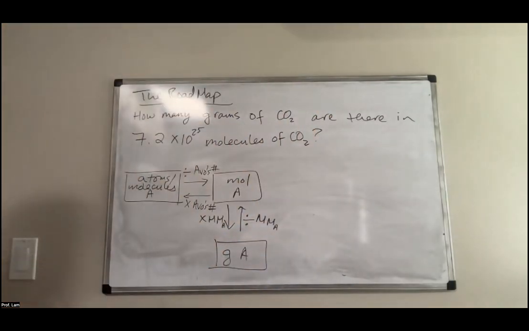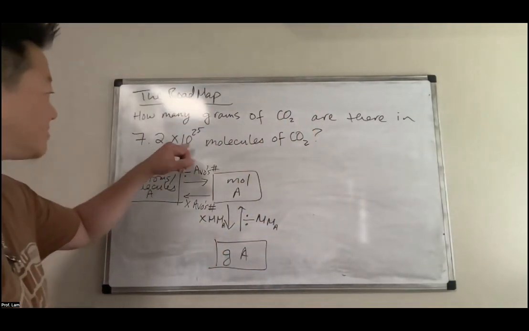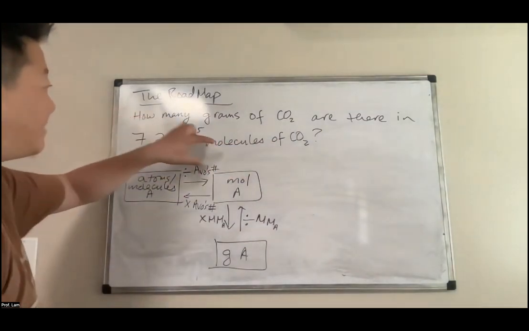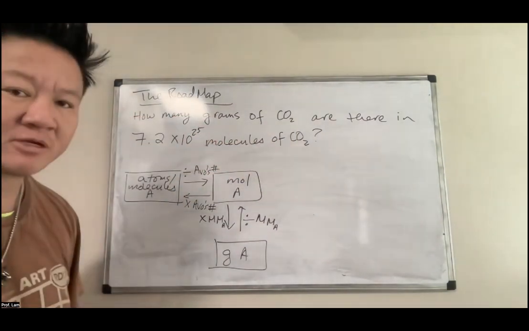Okay. So in other words, if I have 7.2 times 10 to the 23rd molecules of CO2, that's a lot, right? How much does it weigh, right? How many grams is that?